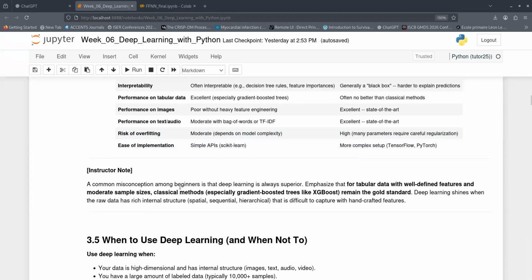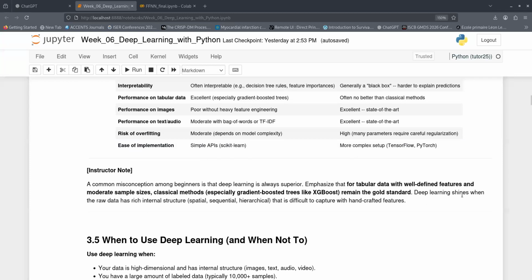A common misconception among beginners is that deep learning is always superior. This is a misconception. That's why we emphasize that for tabular data with well-defined features and moderate sample size, classical methods, especially gradient boosted trees like extreme gradient boosting, that we call XGBoost, remain the gold standard.